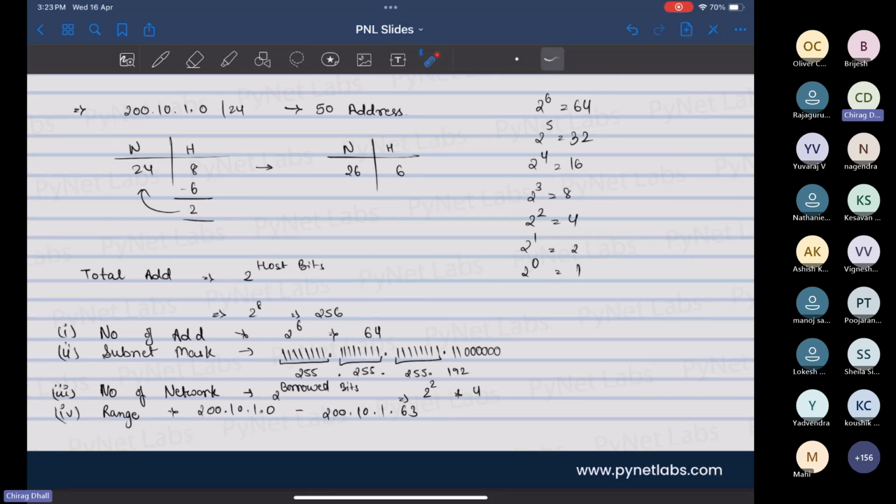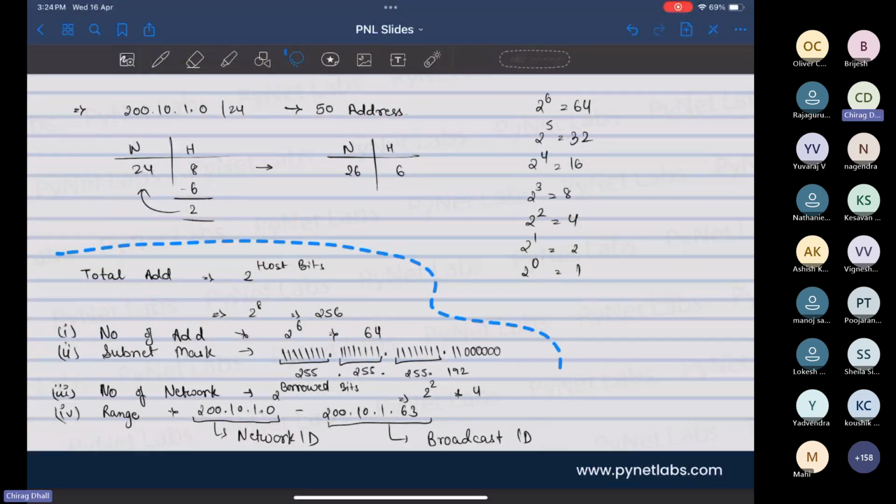Now in this range also, the very first IP is something which we cannot use as it is considered the network ID, which is used for representing the network. And the last IP is also something that we cannot use as it is your broadcast ID, which is used for sending traffic as a broadcast to all the devices participating under that network. So guys, what is your usable range?